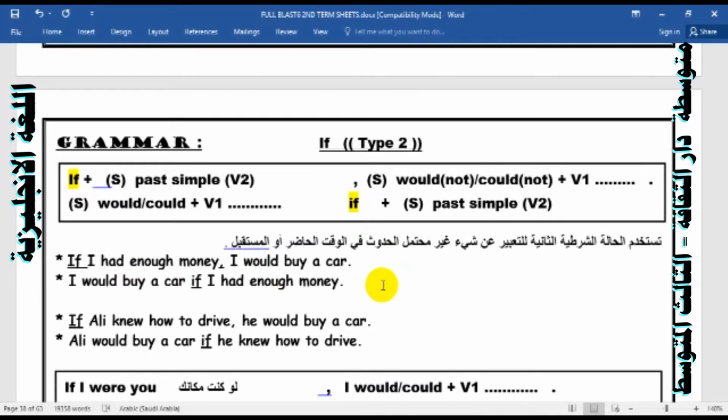For example, I would buy a car if I had enough money. Number 2, if Ali knew how to drive, he would buy a car. In the middle, yes, Ali would buy a car if he knew how to drive. Super, excellent.